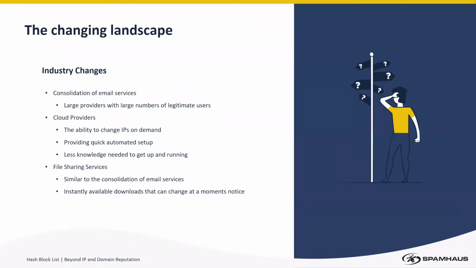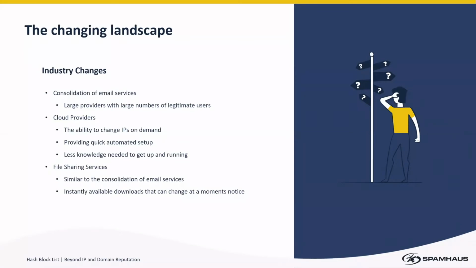So these are very large networks with a large number of legitimate users. And that's just not something that any IP or domain reputation list provider would be able to block. So it's one of those changes where you have to figure out a way to protect your users from the challenges that may be coming from some of those large providers, but you can't end up blocking them or their IP space.